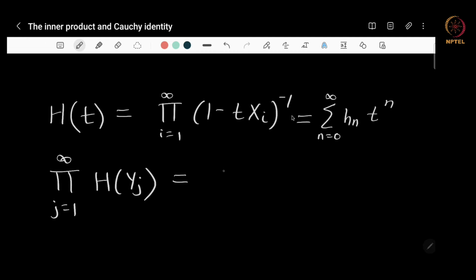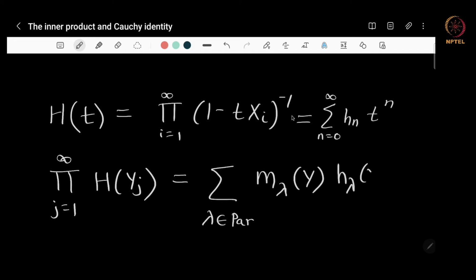This says that this is nothing but, well, you have to look at all partitions. So look at lambda belonging to Par, which means the set of all partitions of all numbers 0 onwards. And for each such partition, the coefficient of m_lambda of y turns out to be exactly h_lambda of x.